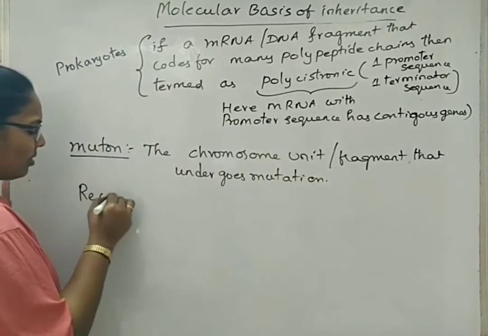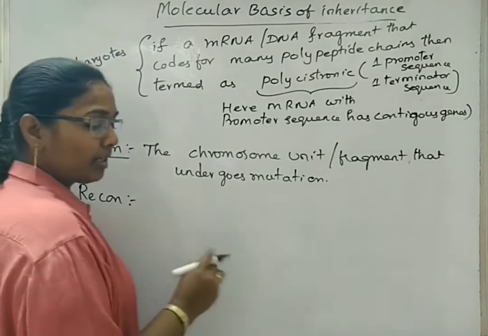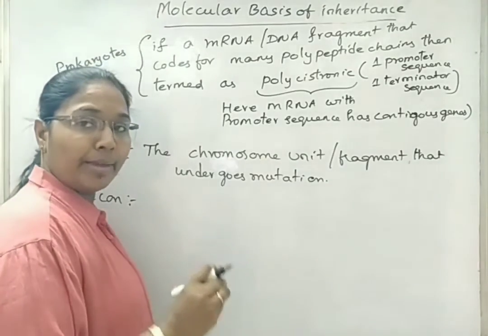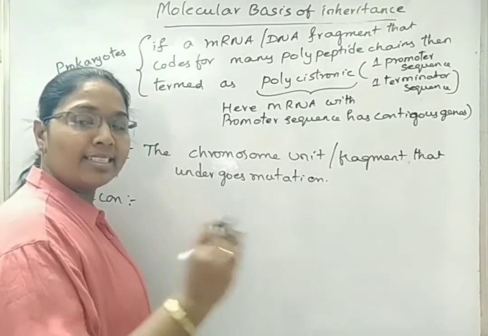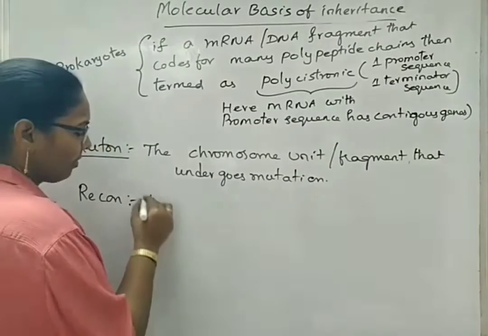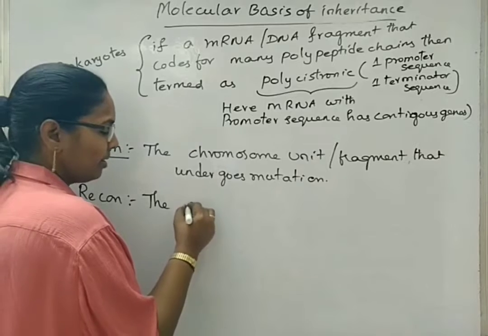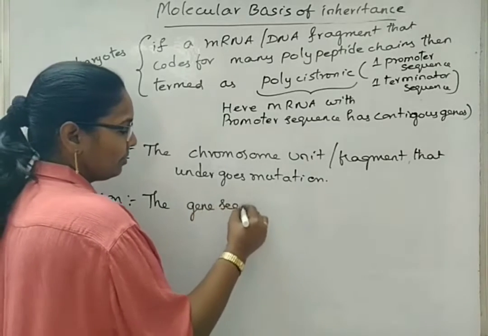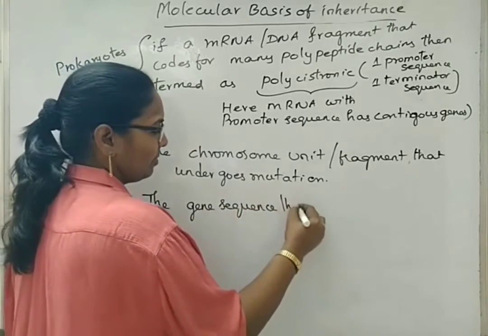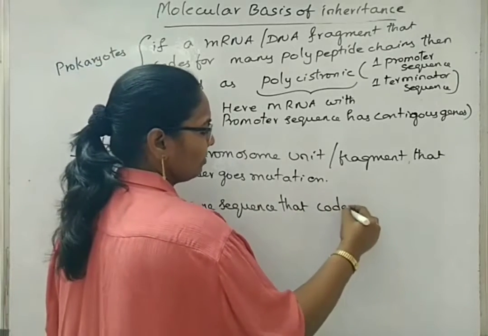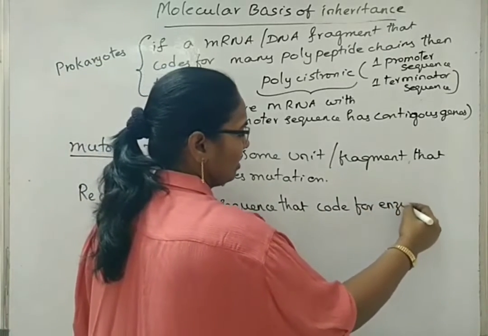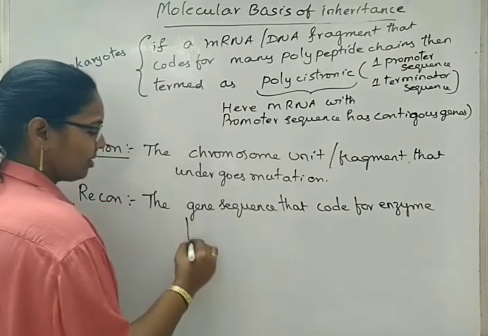Another one, recon. Recon is the term that we apply for the genes that majorly code for enzymatic type of proteins. The gene sequence that codes for enzyme form of proteins.